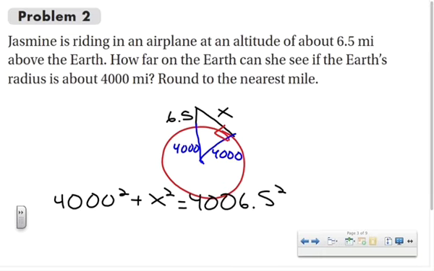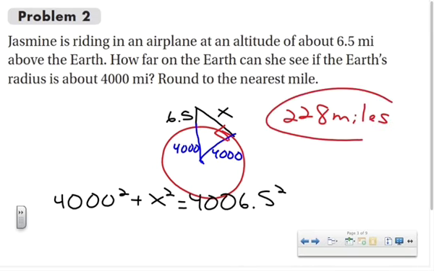And that's the Pythagorean theorem that you're plugging into your calculator. And to the nearest mile, I have that she can see 228 miles.